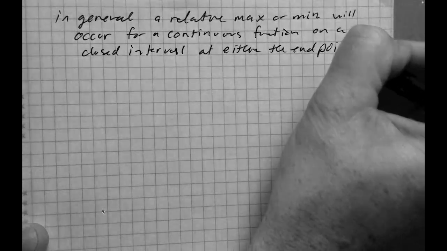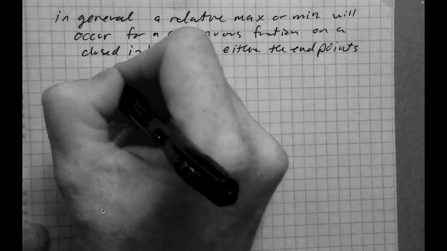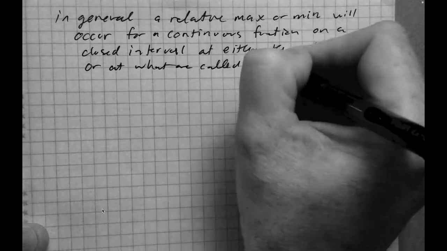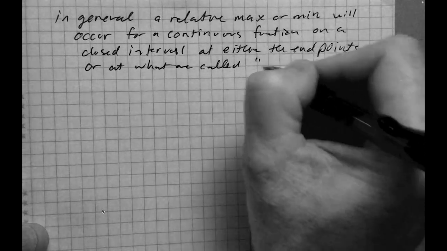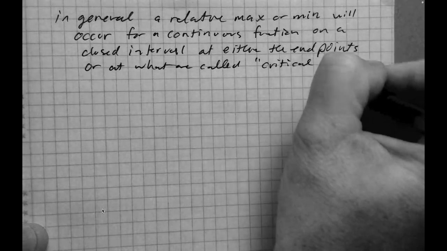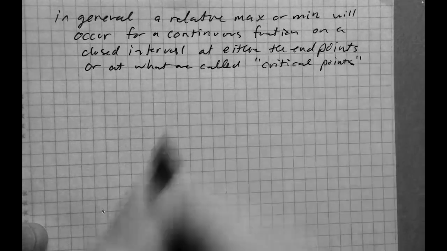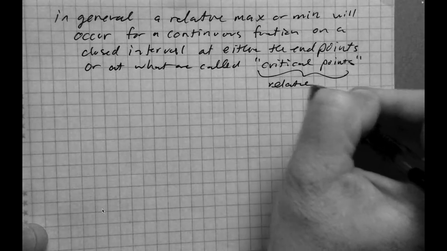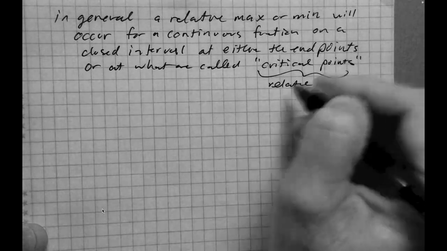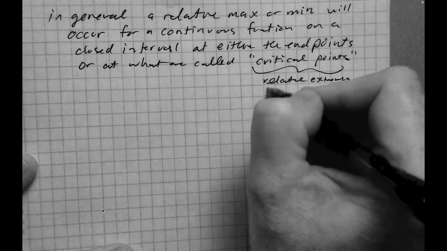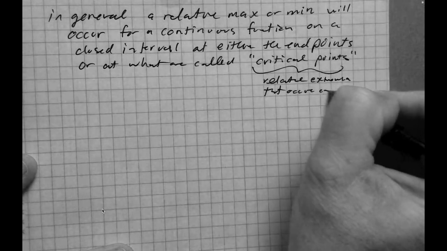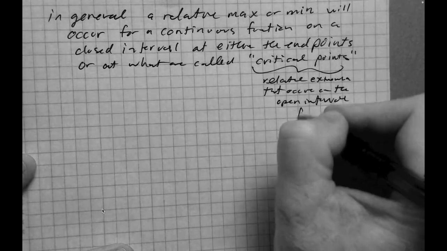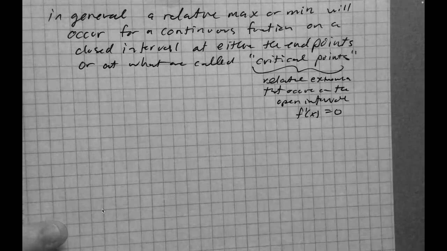That can happen, or at what are called, and here's a definition, critical points. We'll define this in a second. Those critical points are those relative extrema that would occur only on the open interval, so those places where the derivative equals 0.